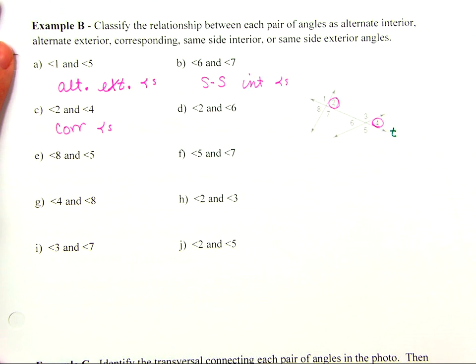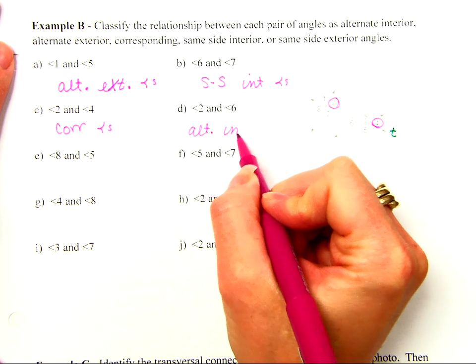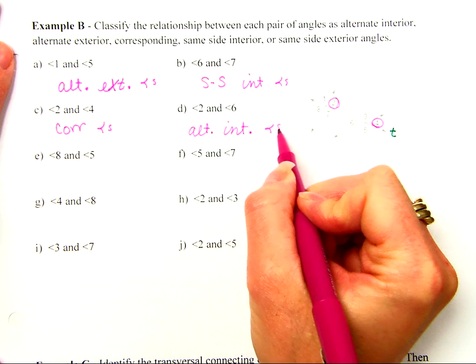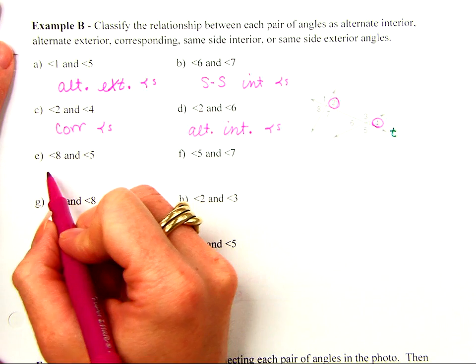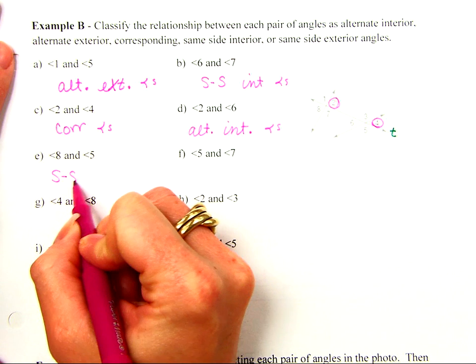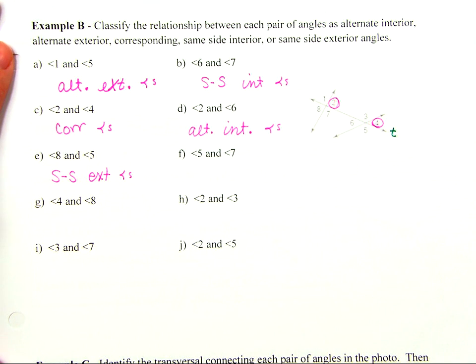2 and 6 are going to be alternate interior angles. 8 and 5. 8 and 5 we know are on the outside. They're actually going to be same side exterior. 5 and 7.